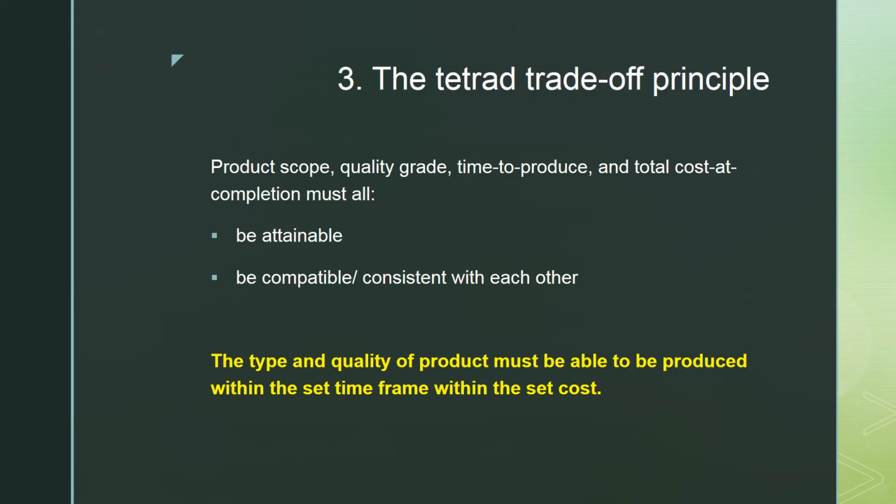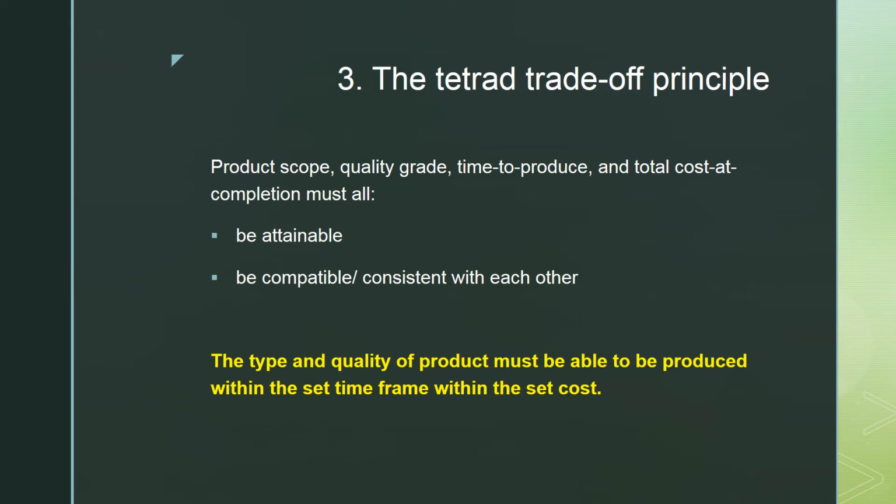The quality grade. If you set a quality grade that is so high that your team, with its existing experience and skills, cannot attain, then obviously, even before you start, you know the project is going to fail, right? So the quality grade must also be attainable.